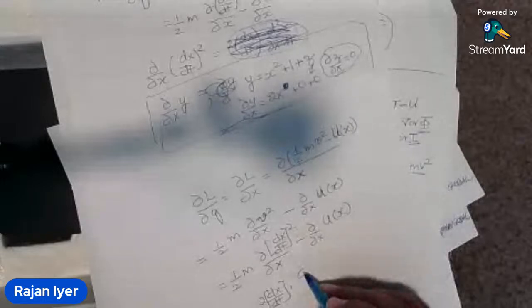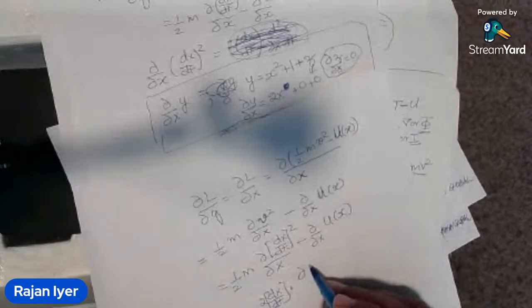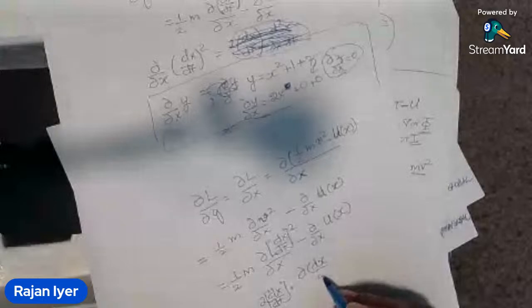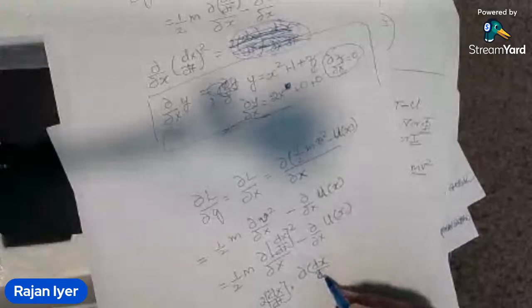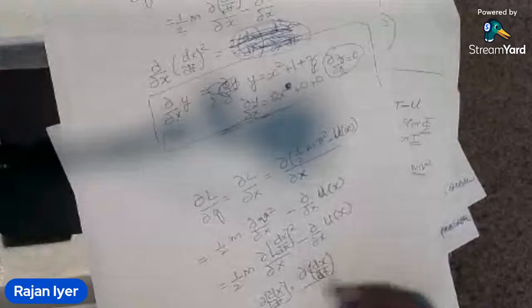I don't know whether it becomes del of dx. Wouldn't it be d squared x? Let's put it like this now. Same thing. We'll do one more step.